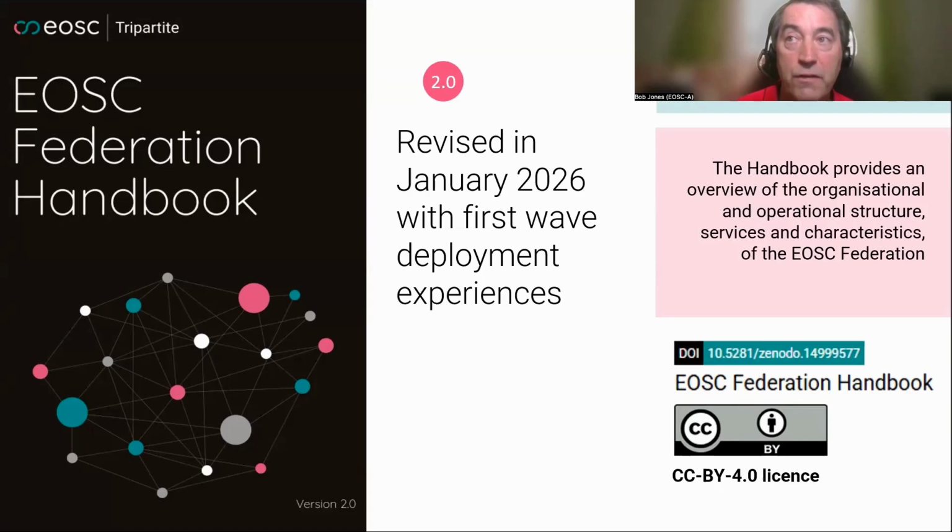And it gives you an overview of the organizational and operational structure, what sort of services and characteristics are in there. It's at a high level. It doesn't provide all the details. That's not the intention. But we have more specific documentation elaborating those details, which most of it you can find now through the EOSC Federation website.